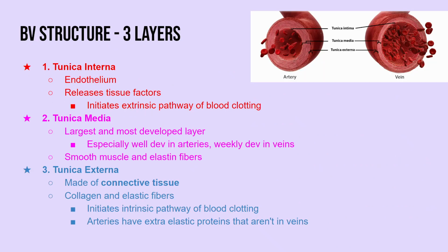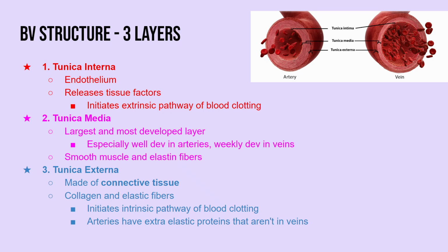So here's a layout of the three layers of blood vessels in general. The tunica interna is just endothelium, or epithelial cells. So capillaries are just tunica interna. Then there's the tunica media, which is the largest and most developed layer. Like we've talked about, it's very well developed in arteries, and it's present in veins, but less developed.